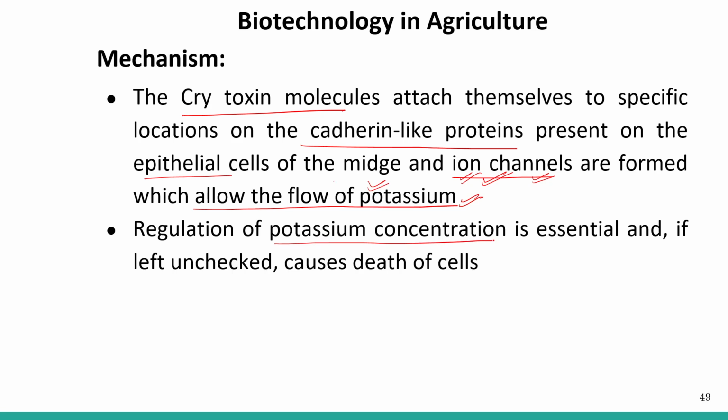Regulation of potassium concentration is essential, and if left unchecked it causes death of the cell. So this imbalance of potassium concentration in the epithelial cell causes the death of the cells.